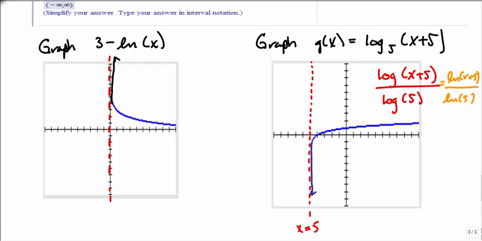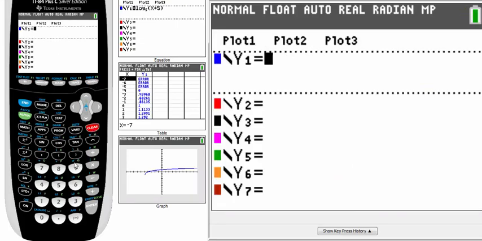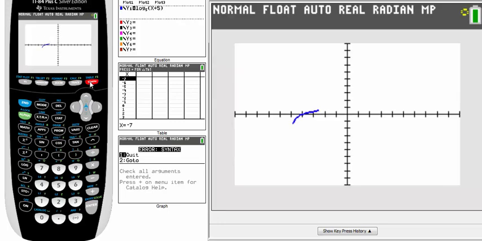So let's go ahead and pop back into your calculators. If you don't have the log key, this is how you would graph. You would just graph log of x plus 5, make sure you close parentheses and divide, over log of 5. Okay, and that's identical to the graph that we just had.